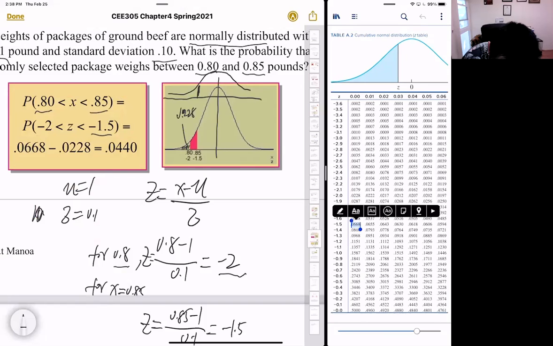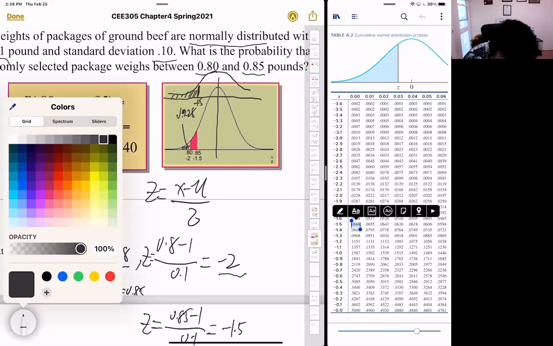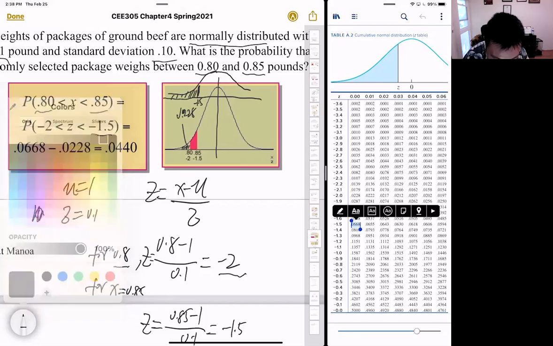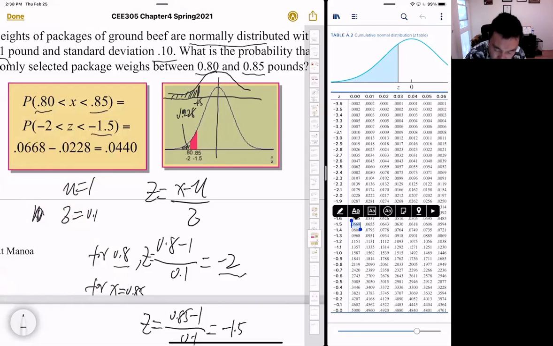This is minus 1.5, and this area is equal to 0.0668. So the answer uses 0.0668 minus 0.0228, because the question is asking for the red area here.